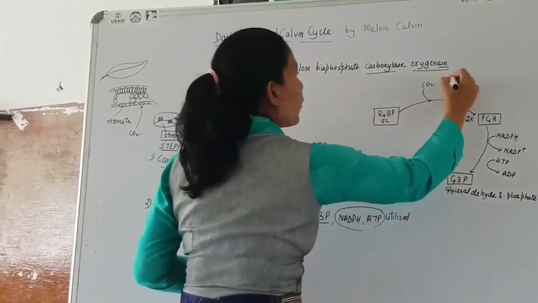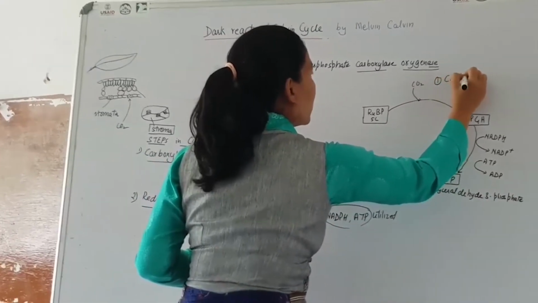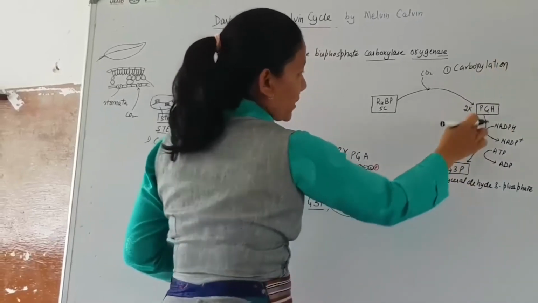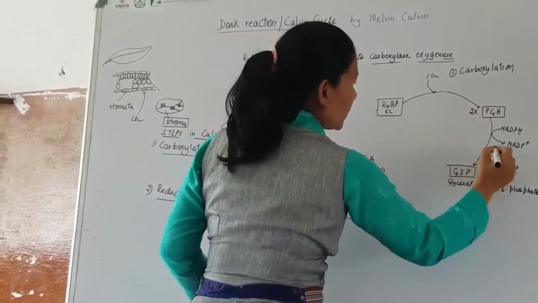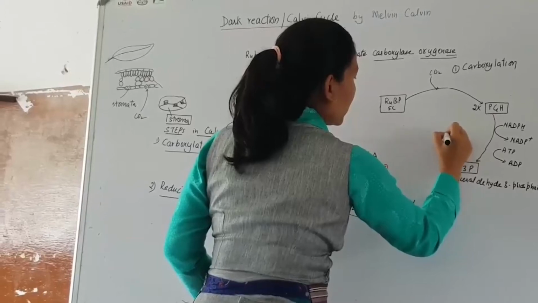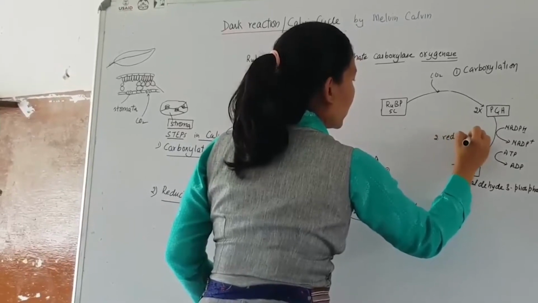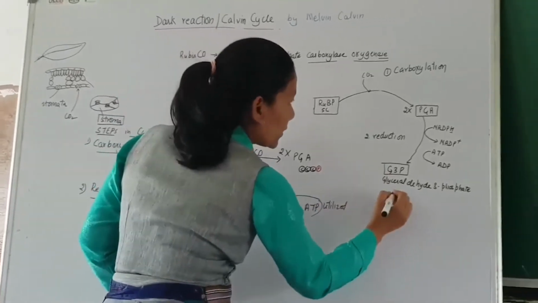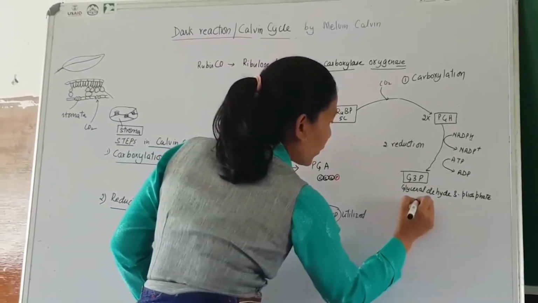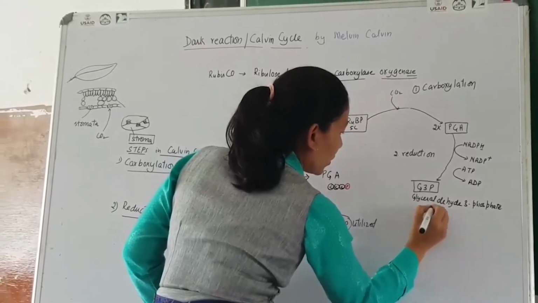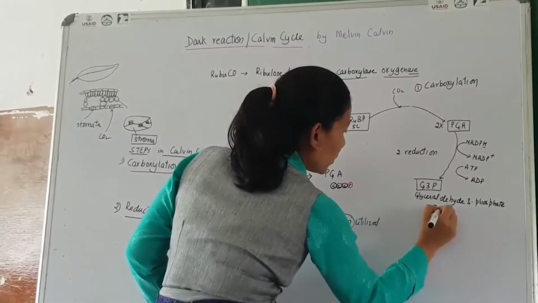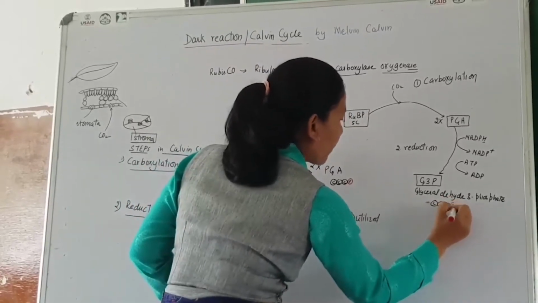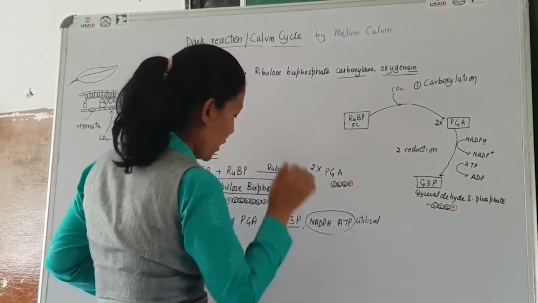The very first step we call carboxylation, and next this step we call reduction. And then glyceraldehyde 3-phosphate is again a 3-carbon compound, another form of PGA.